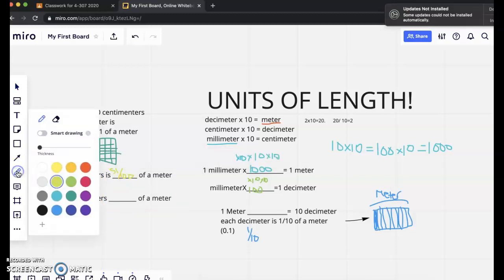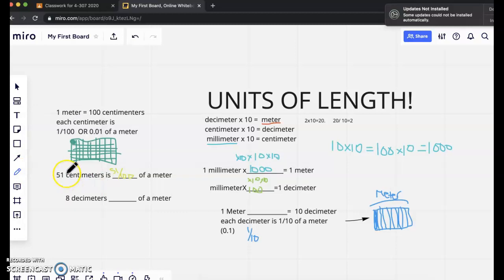That's your quick and simple rule. When you see centimeters, you put over 100, especially when "of a meter" is at the end. When you see decimeters and "of a meter," you just do over 10, because decimeter means 10. So this would be 8 over 10. That's your quick and simple rule.